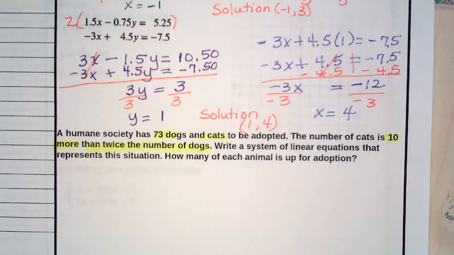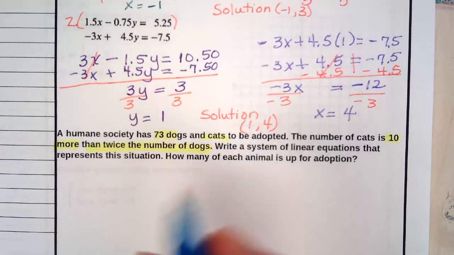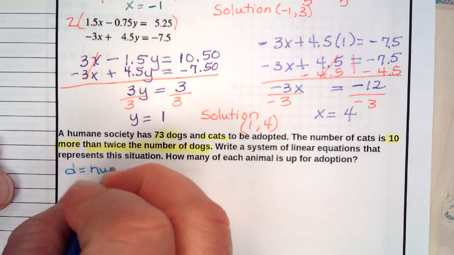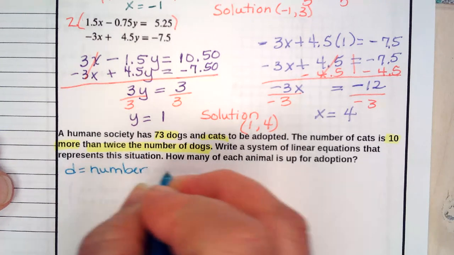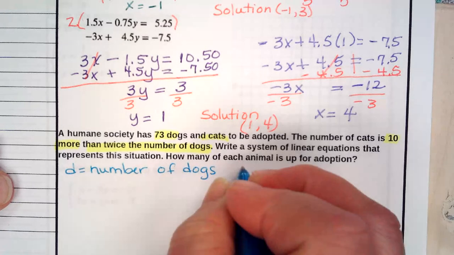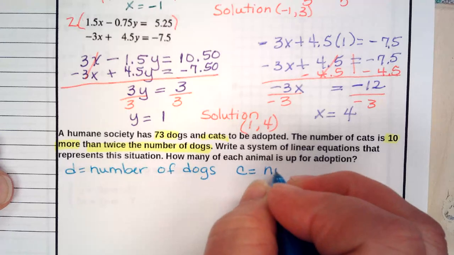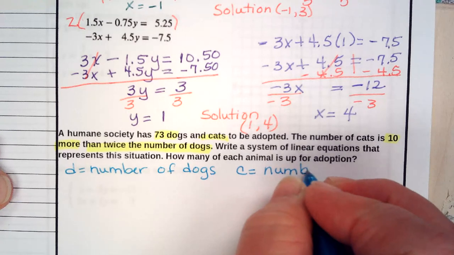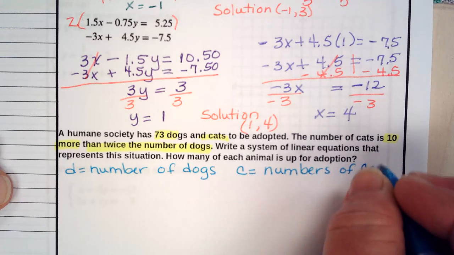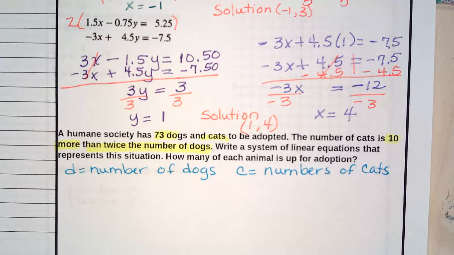Okay, variables. What do we want to use for dogs? So D is the number of dogs. And C is the number of cats. Now what?